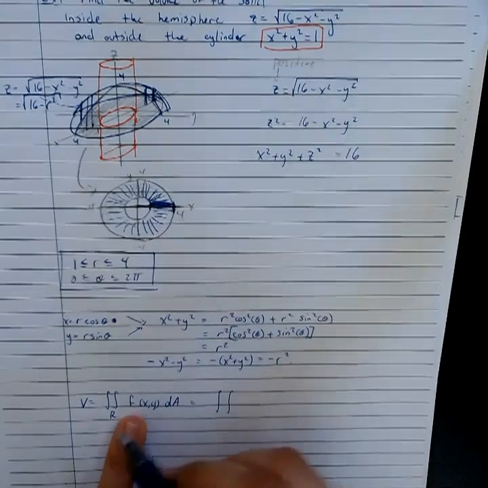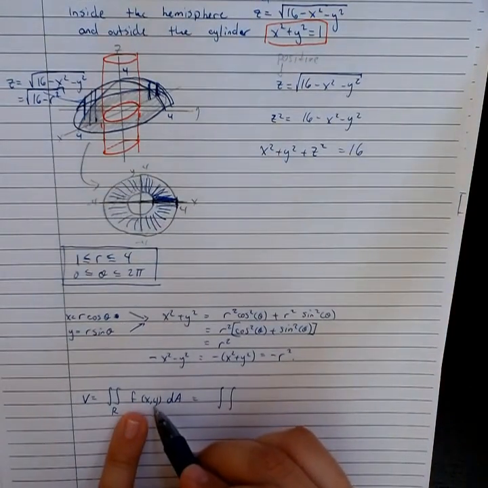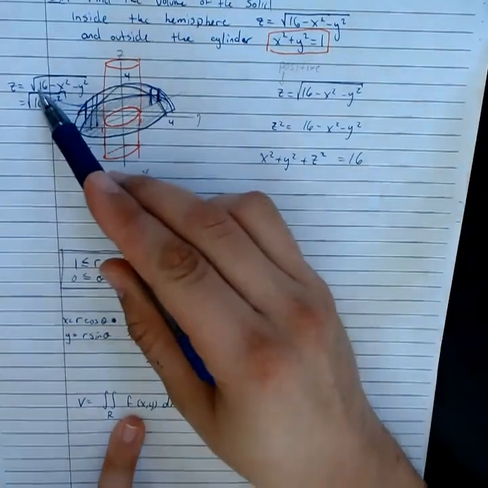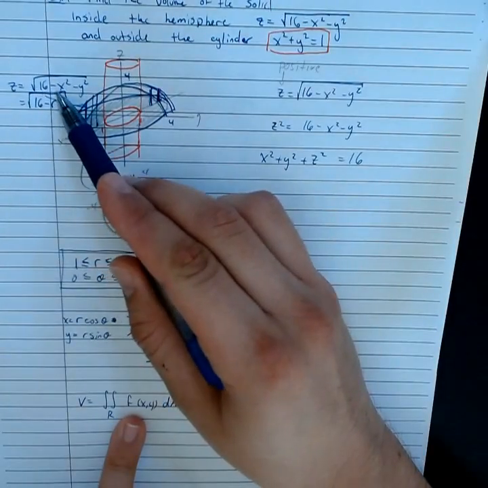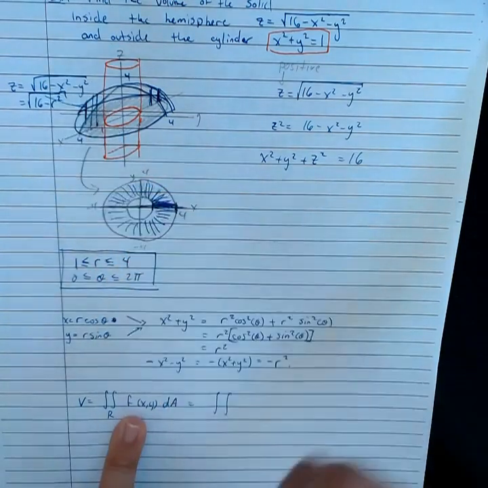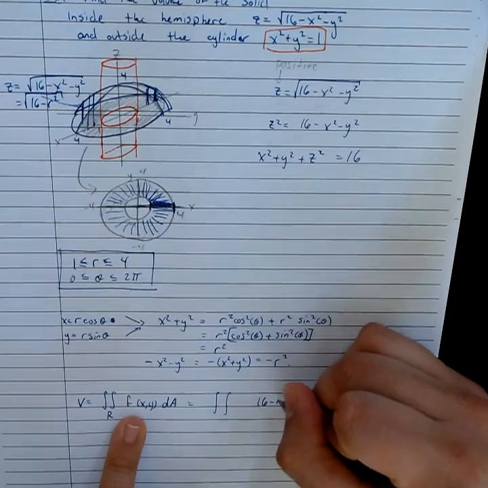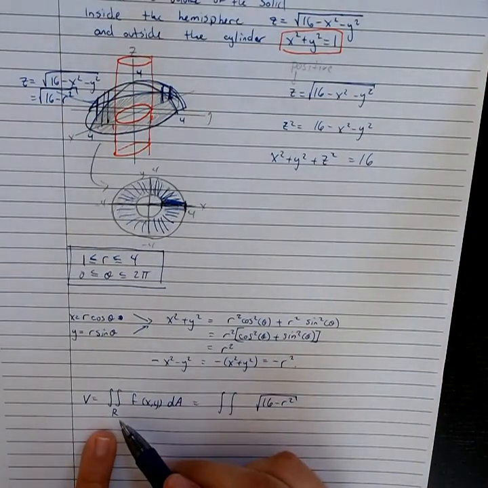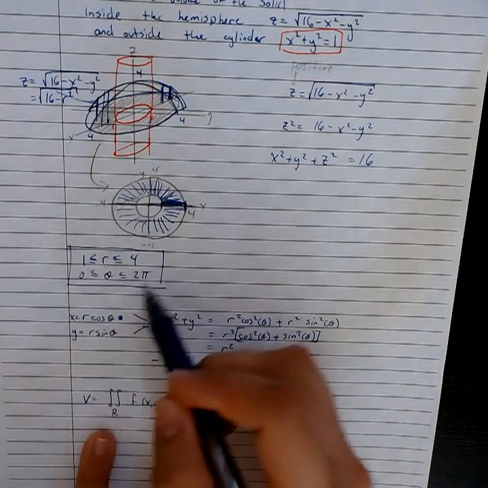We want to write f of x comma y in terms of polar coordinates. Well, we did that. Instead of writing it as the square root of 16 minus x squared minus y squared, we can just write it as the square root of 16 minus r squared. We need to be able to describe our region in polar coordinates. Well, yeah, but we've done that.